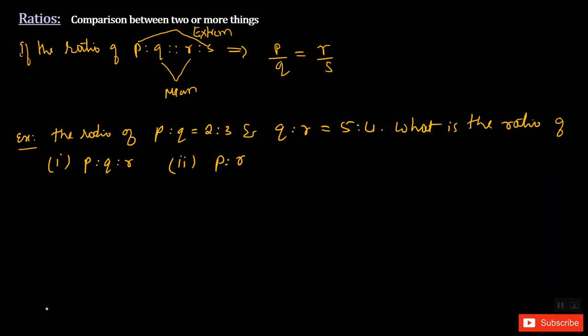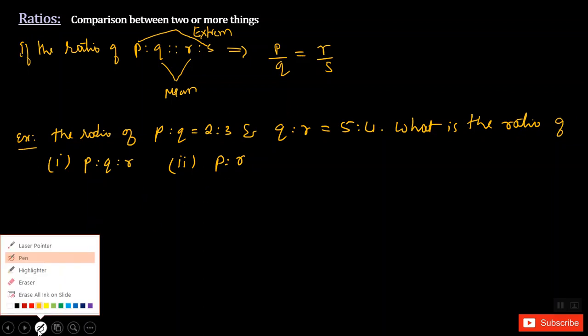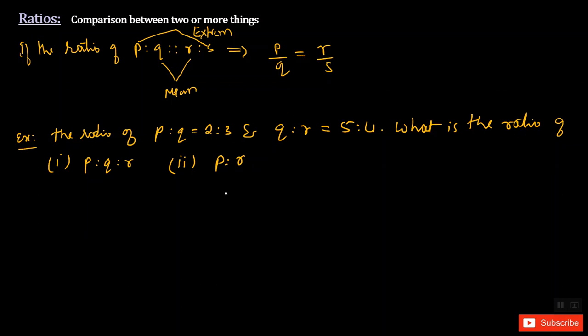So the first thing I can write here is the ratio of P is to Q, and they also said Q is to R. So what is the ratio of P is to Q here? 2 is to 3, and here it is 5 is to 4. So you have to make the value of Q here and the Q here the same. So to make those same, what should I do?